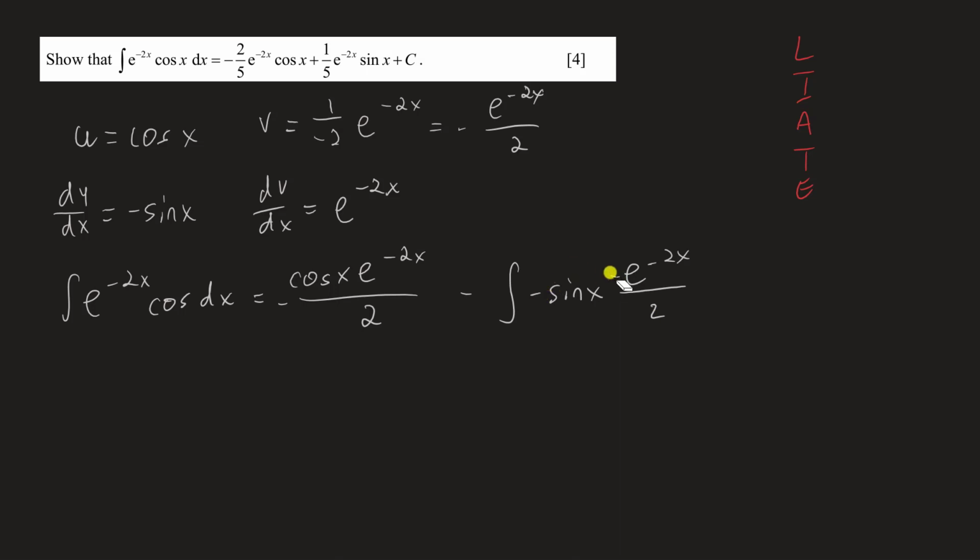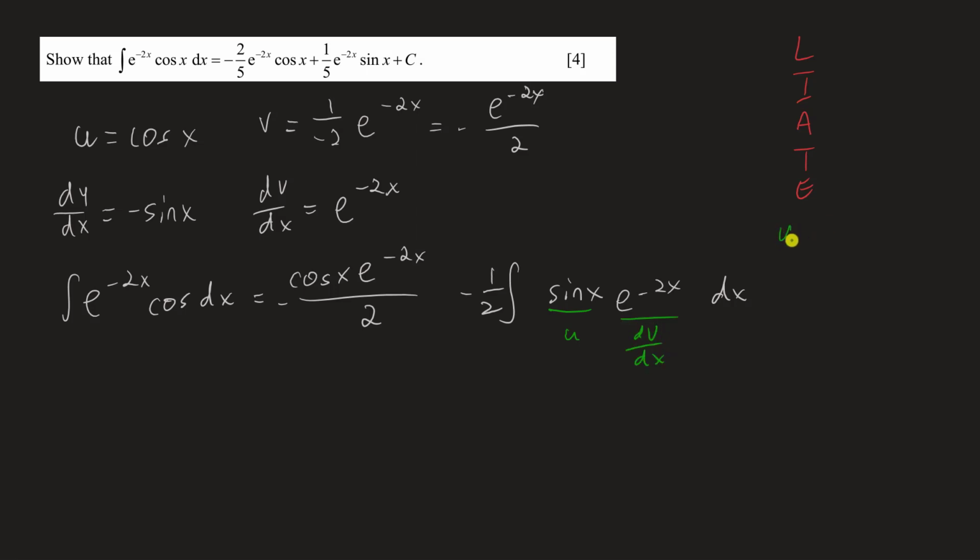So negative, negative, no more negatives. Here, you have to use by parts again. This time around, this will be your u, this will be your dv dx. Of course, we want to put out the 2 and squeeze it here so that we have a slightly easier time. This is your dv dx.